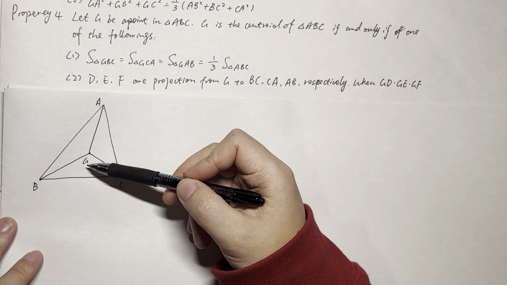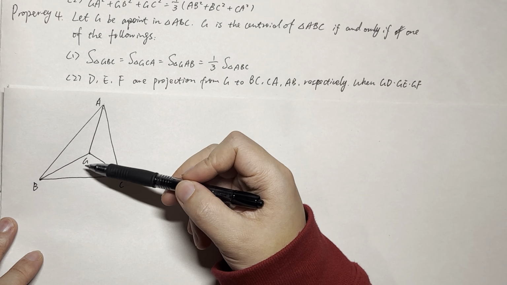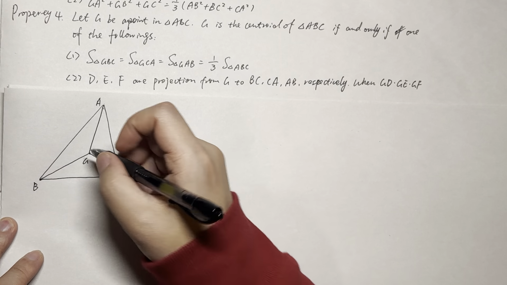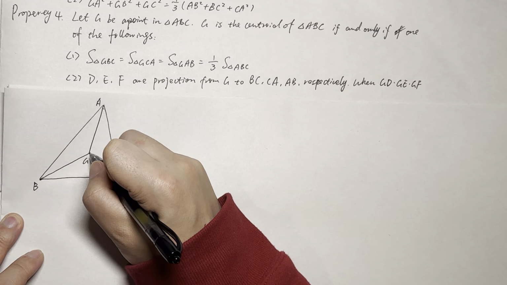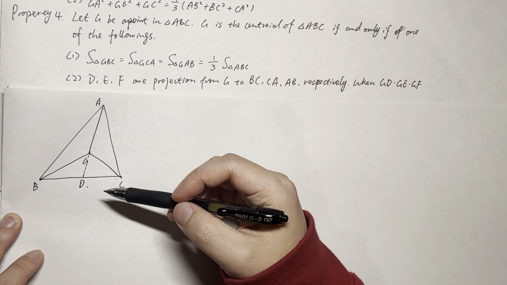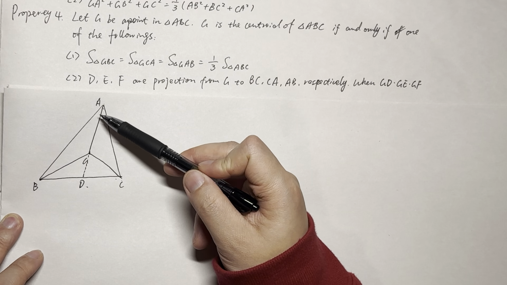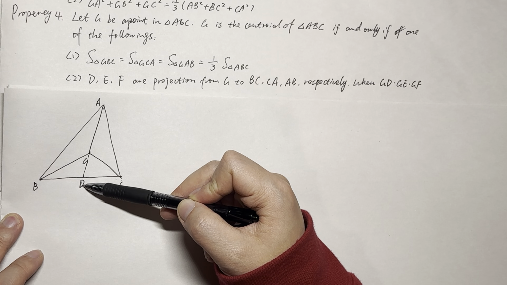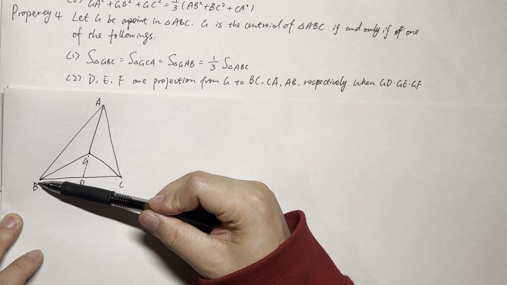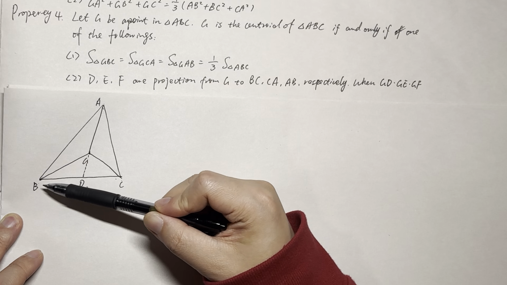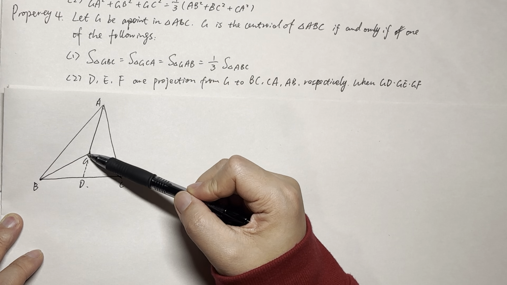Once G is a centroid, it's obvious, right? Because we can extend AG to D, where D is on BC, then we know that AG to GD is 2 to 1, which means the area of triangle BGD is half of the area of triangle ABG.